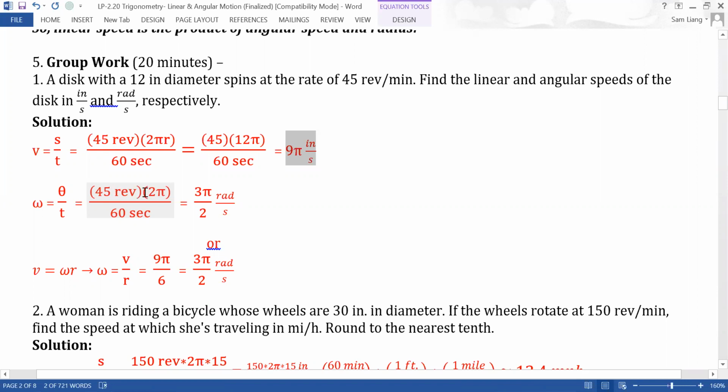So 3/4 times 2 is 6/4, or 3 over 2. So 3 pi over 2 radians per second.